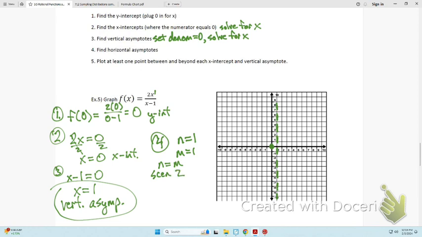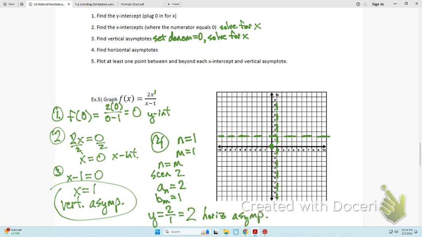I need the lead coefficients. A sub n is 2. B sub m is 1. Y equals 2 over 1 equals 2. So you go to the y-axis at 2 and you draw a dashed line sideways. That is our horizontal asymptote.